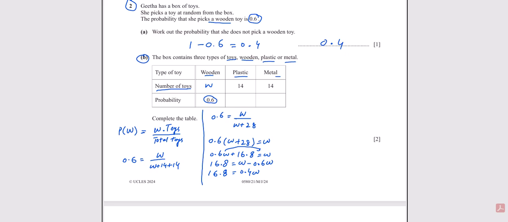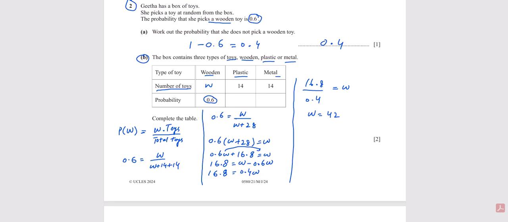So 0.4, divide this number. 16.8 divided by 0.4 is equal to W. After calculating, we get W is equal to 42. So the wooden toy is 42.